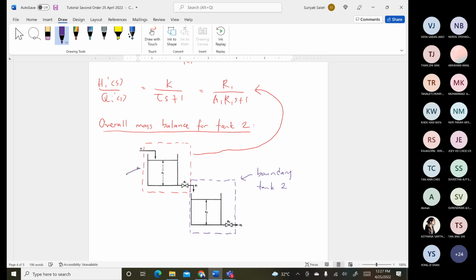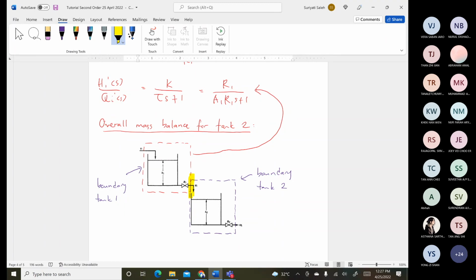So this is the boundary for tank 1. If we set the boundary, take a look at this part. They just sit beside each other. This boundary does not overlap. So this is the boundary between tank 1 and tank 2.